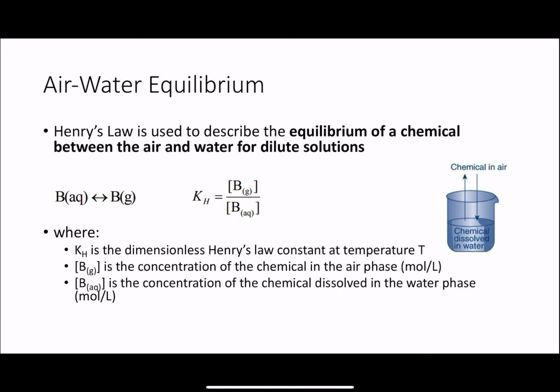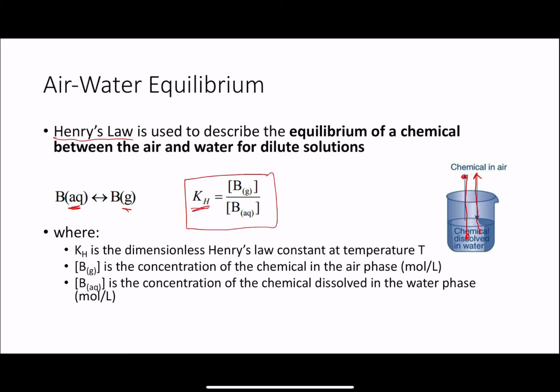The first person who described this was Henry, so Henry's law, or Henry constant, KH, controls the transfer of that organic from the aqueous phase to the gaseous phase. You can see the transfer from liquid to air, or from air to liquid. Henry constant gives you the equilibrium of that chemical between the air and water, of course, for dilute solution.